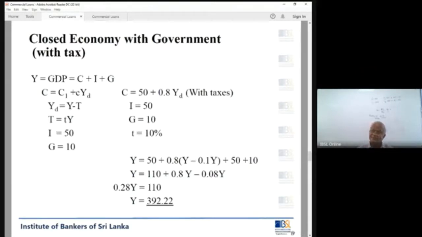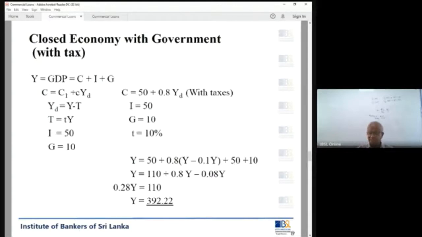Then the tax rate: T is equal to tY, 10% of income. I equals 50, as earlier we assumed. G is 10, as earlier we assumed. Now you substitute. Now the consumption function.